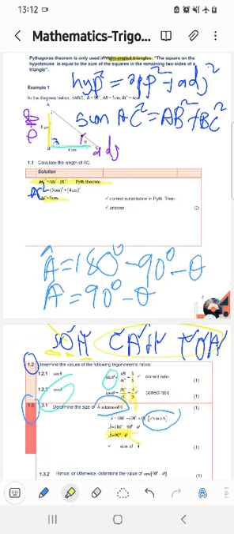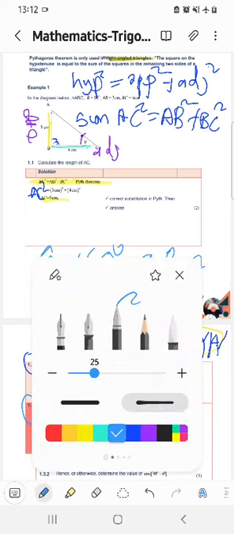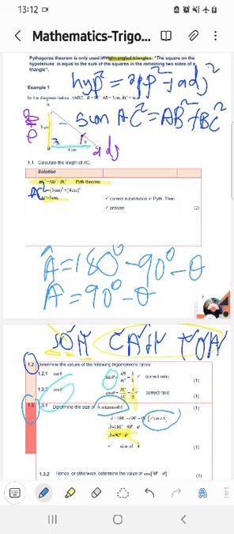So this will be angle A here, 90 minus theta.